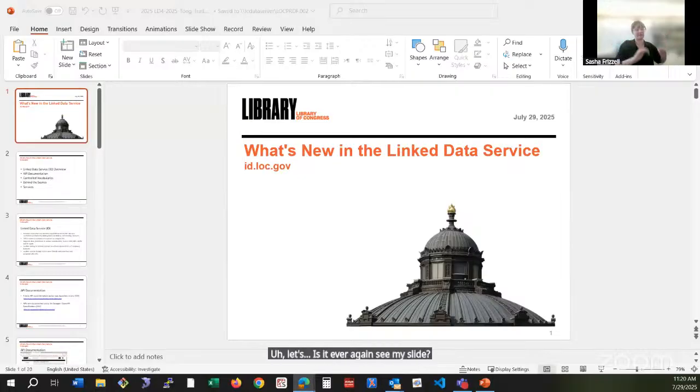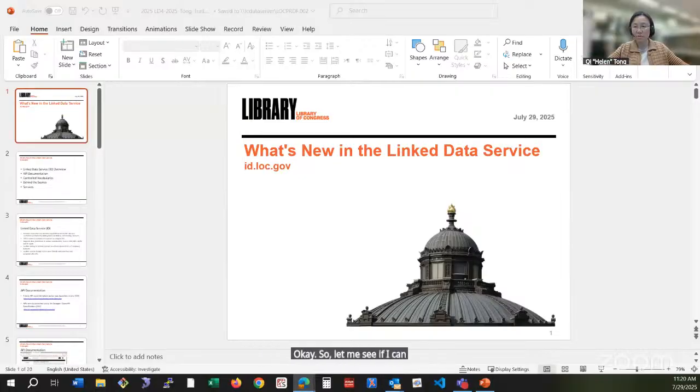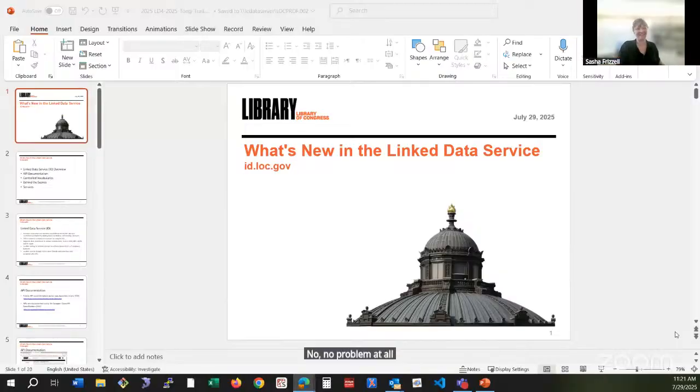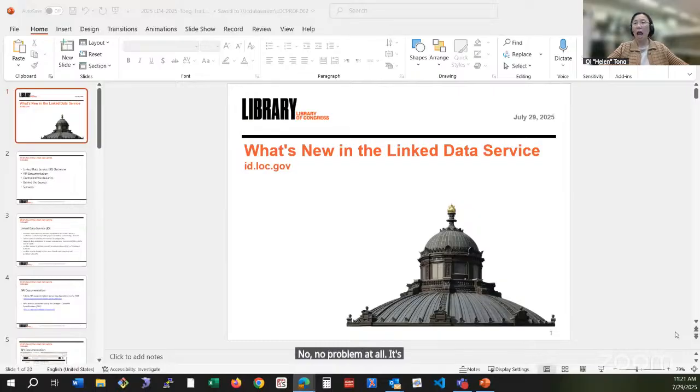The full screen, yes. Okay. So let me see if I can pull it into display mode. Where's my mouse? Sorry. No problem. A little bit technologically Zoom challenged. It always takes a minute.